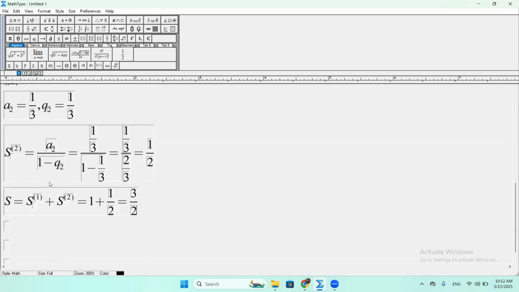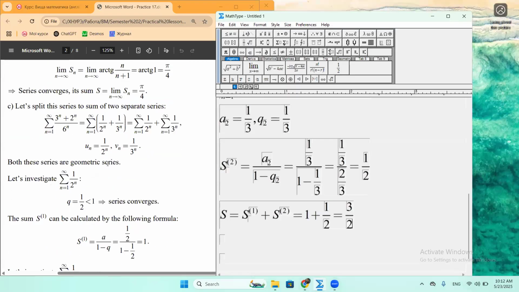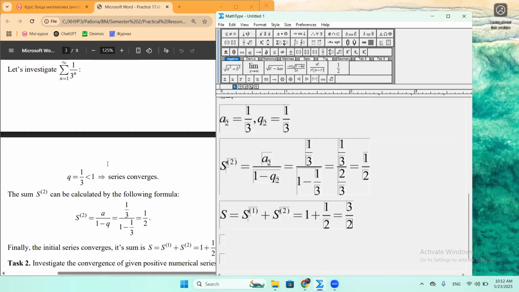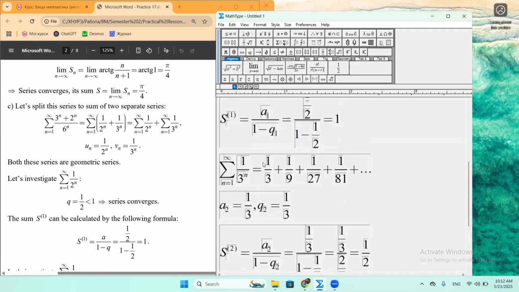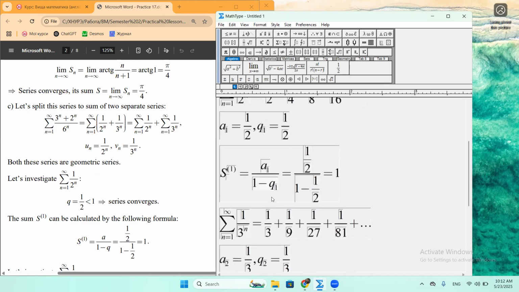And that's it. Let me check with my notes. Yeah. And by the way, let me remind you that the geometric series converges only if the absolute value of the denominator q is less than 1.